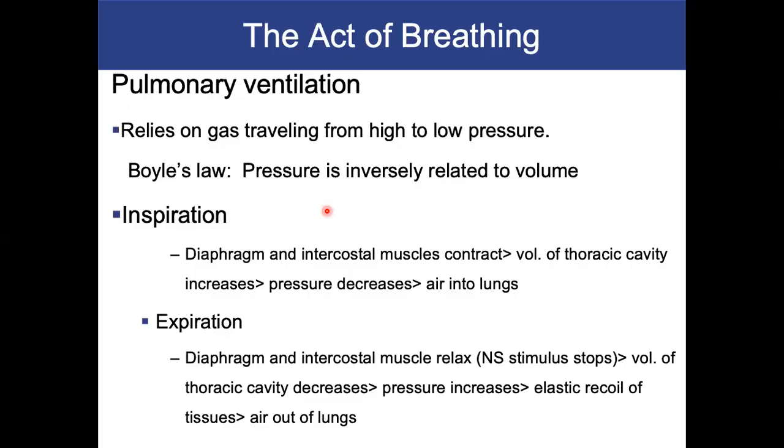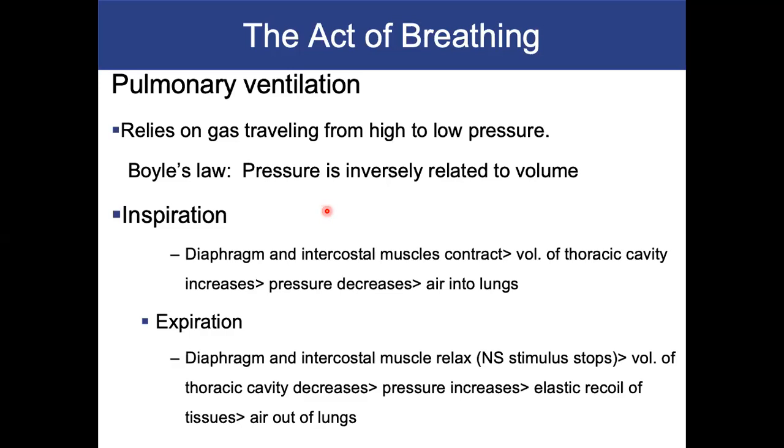When it relaxes, it goes up. So the diaphragm contracts down, and your external intercostals between your ribs contract. When they contract, they pull the ribs up and out, and that increases the volume of the thoracic cavity. When volume increases, pressure drops. So if pressure drops in the lungs, then air is going to move from the external environment into the lungs. That's how we actually take a breath.